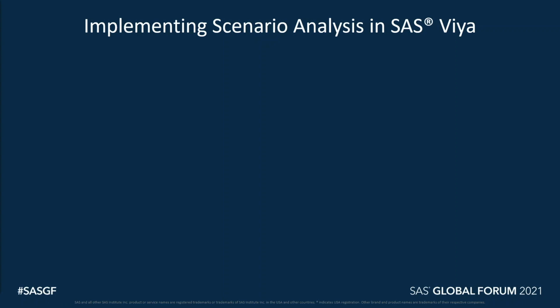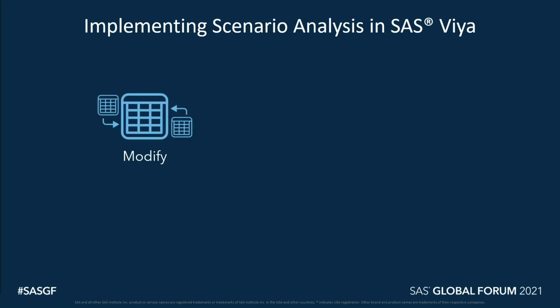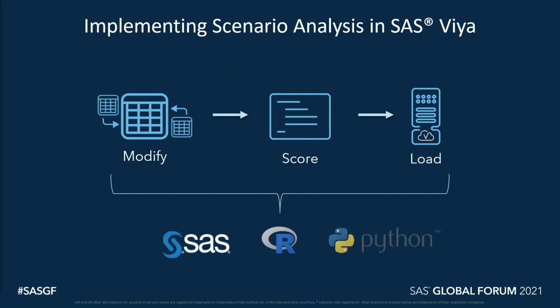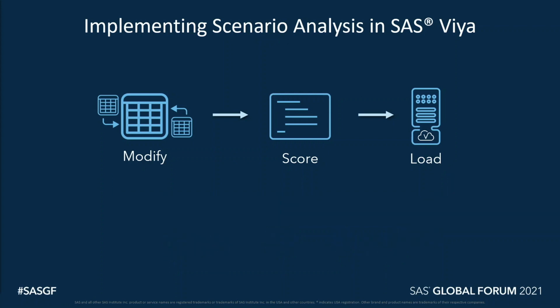Whenever you're implementing scenario analysis in SAS Viya, your code needs to do these three things. It needs to modify your data, score it, and then load it into CAS. No matter what you're using, whether it's SAS, R, or Python, if it does these three things, you can run a scenario. If you want other people to run your scenarios, you need to get it out there to them.